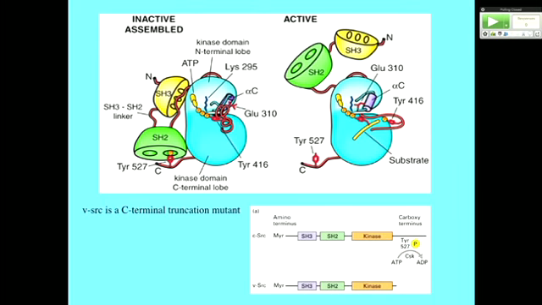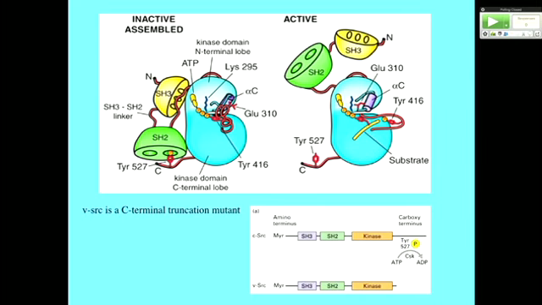So the predominant mutation which has caused viral Src to become hyperactive, or fully constitutively active, continuously active as a protein kinase, is the loss of the ability for this folding to occur.